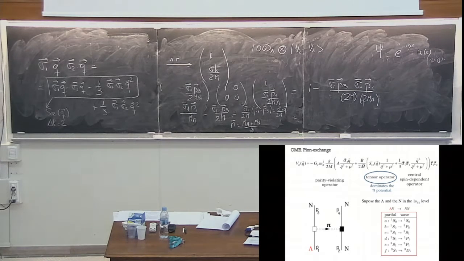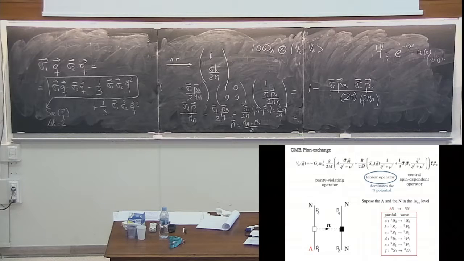So that means that your potential at the end will contain 3 different pieces from the point of view of how they behave in spin space and in momentum space regarding the angular momentum. A part which is purely central, that goes like q squared, but depends on sigma 1, sigma 2, this scalar product of the Pauli matrices.